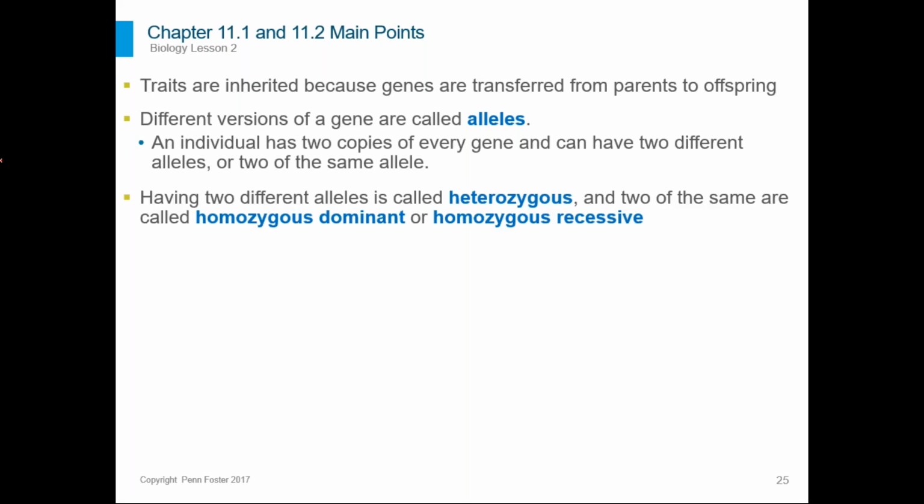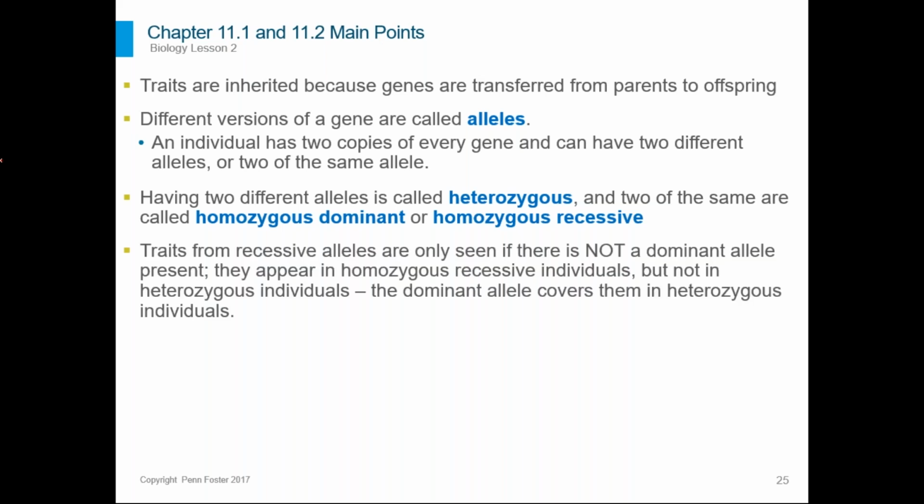Having two different alleles is called being heterozygous, and two of the same are called homozygous, and it's either homozygous dominant or homozygous recessive. Traits from recessive alleles are only seen if there is not a dominant allele present. They appear in homozygous recessive individuals only. They don't appear in heterozygous individuals because the dominant allele covers them.